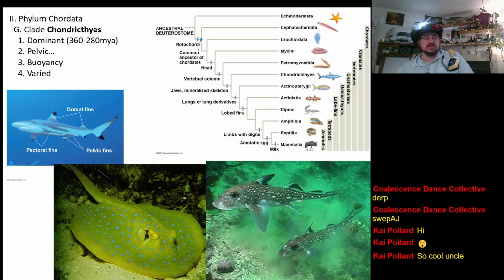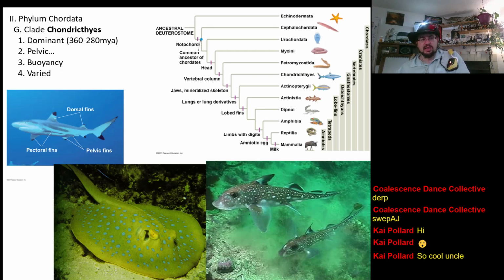These were the dominant ocean-going predators between 360 and 280 million years ago. That means for 80 million years, cartilaginous fish were the dominant predators of the oceans. But they're actually severely threatened now.